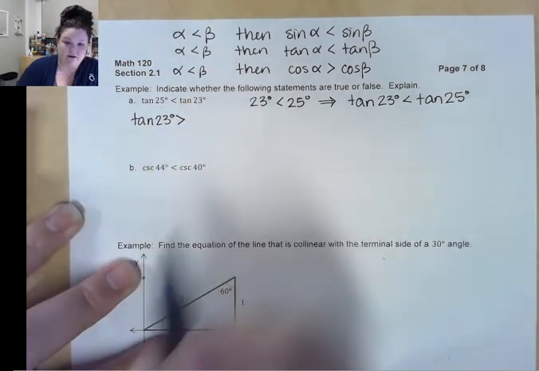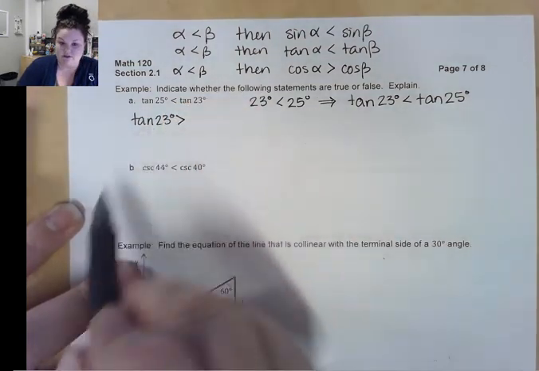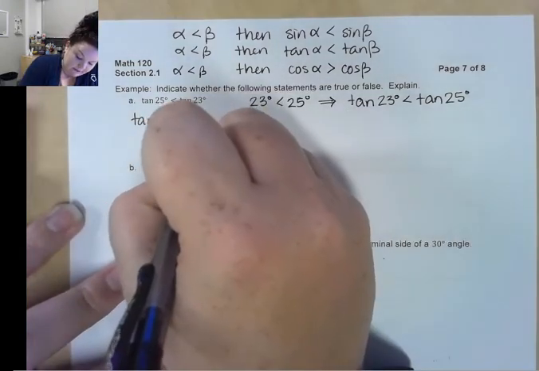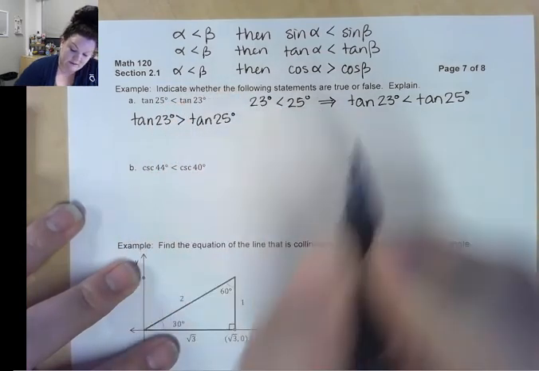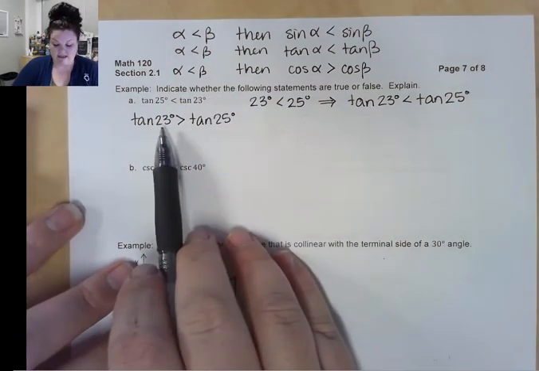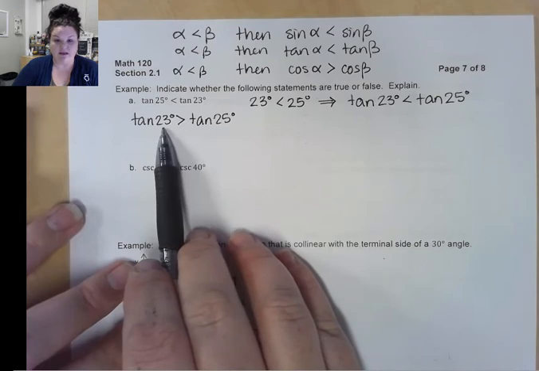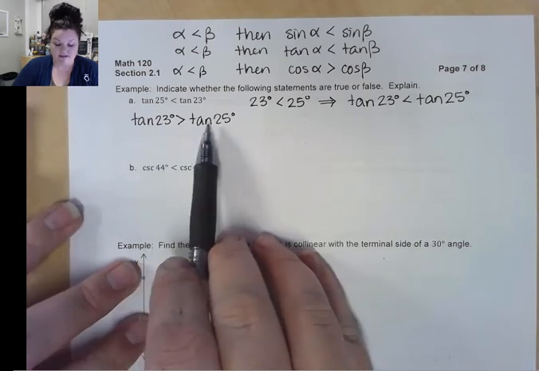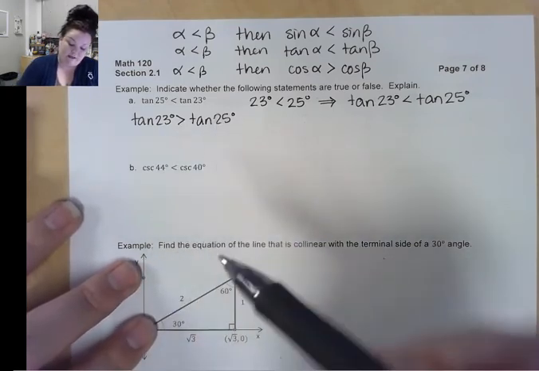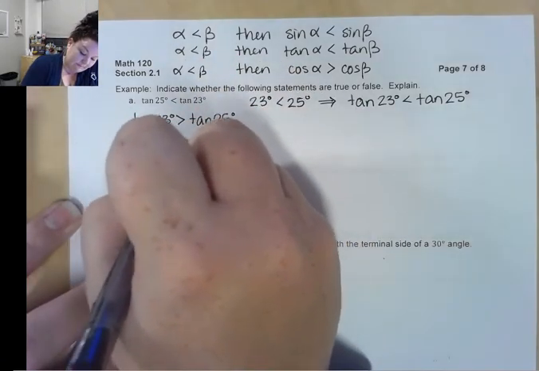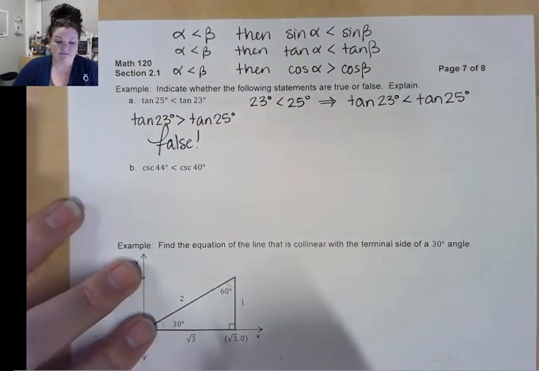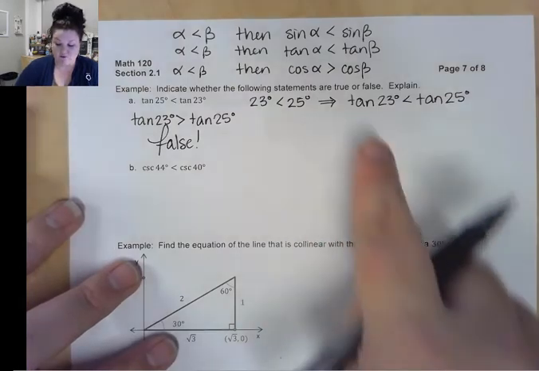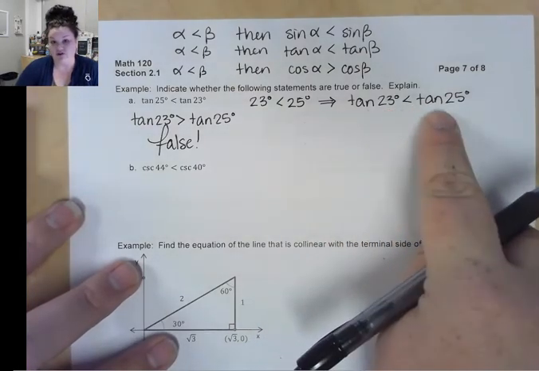So if I spin it around, it still needs to be opened up to the 23. So I have tangent 25 degrees. What this is saying is that tangent of 23 degrees should be greater than tangent 25, which we know is false. It's false because we know the tangent values should increase.